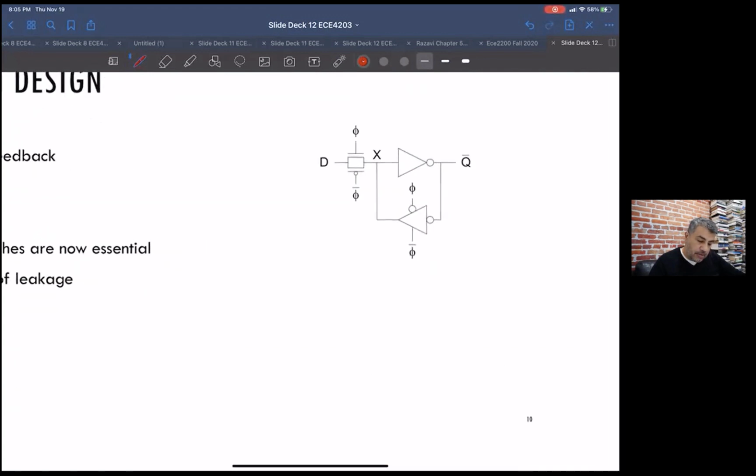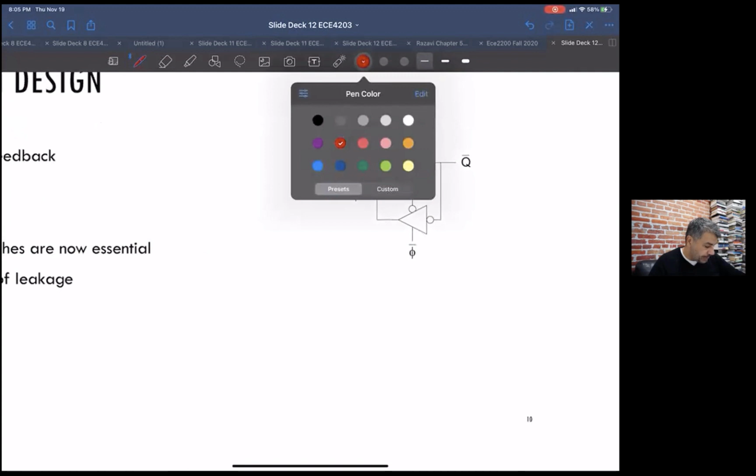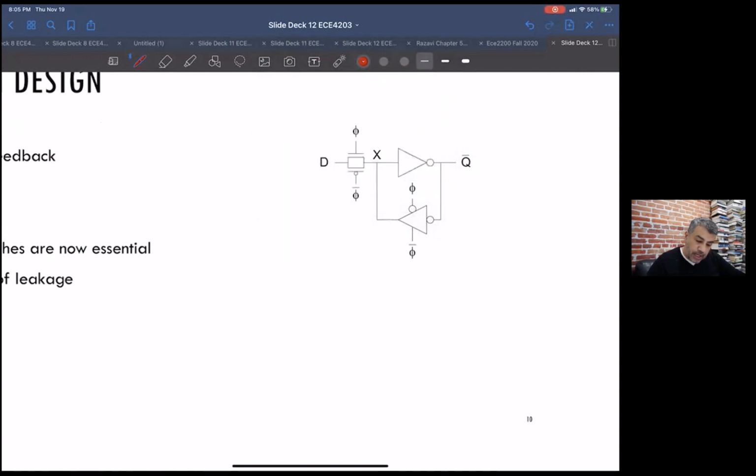So we have a first inverter stage, and we put in a second inverter stage. Notice that this guy is clock enabled. Okay, and we have this feedback loop.